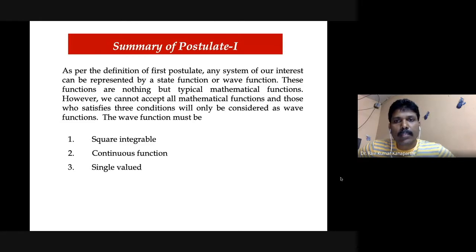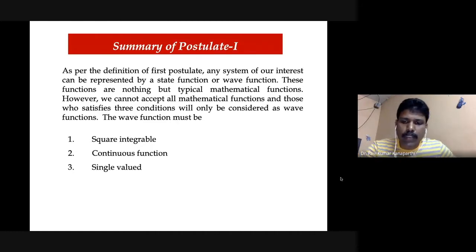A wave function is nothing but a simple mathematical function, and the mathematical function has to fulfill certain conditions. Only then can such a function be accepted as a wave function in quantum mechanics to describe the behavior of a system. Those are square integrability, continuity, and also single value.